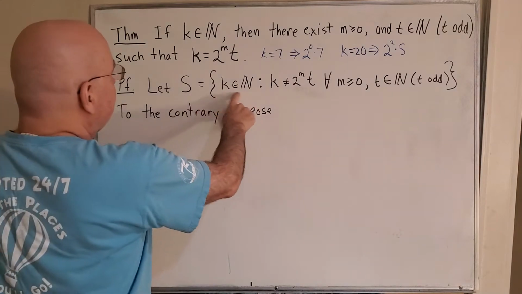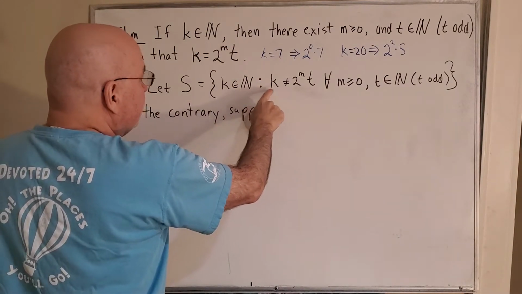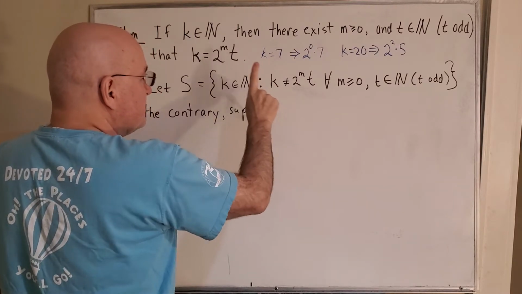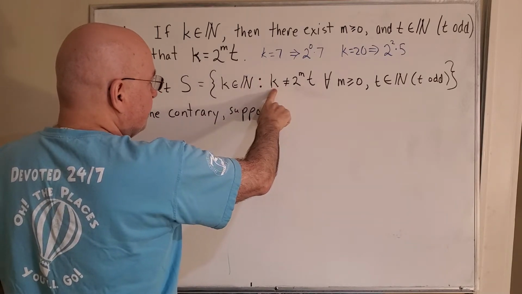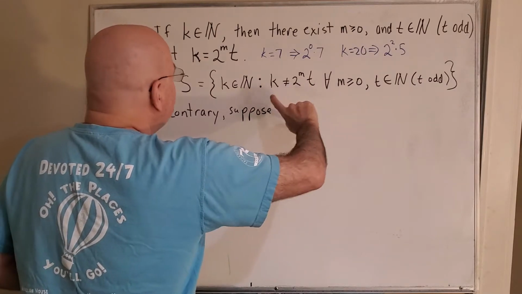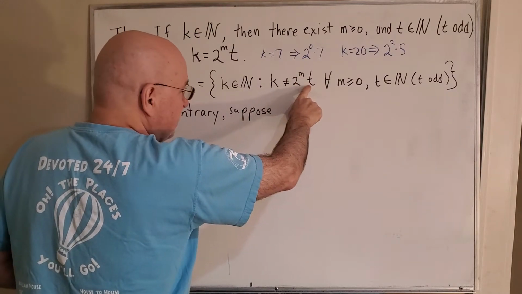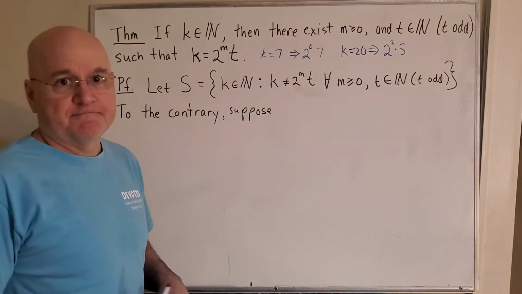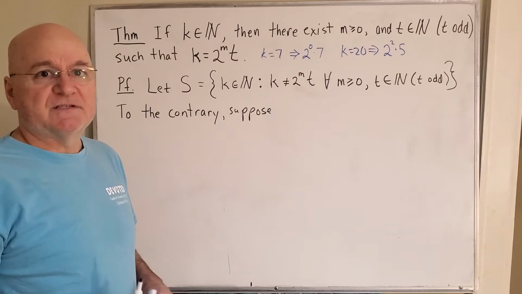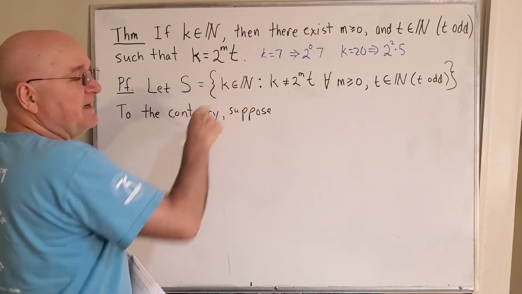Capital S is the set of all the natural numbers k such that k is not equal to 2 to the m times t for any m greater than or equal to 0 and any odd t. Okay, so we're taking S to be that complete set. So S is obviously a subset of the natural numbers.